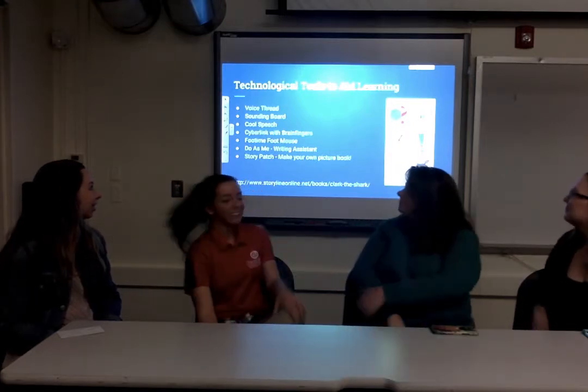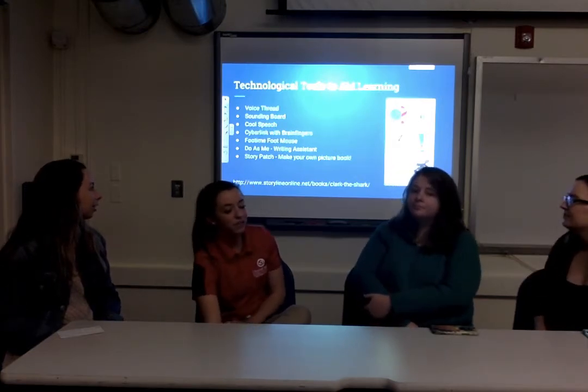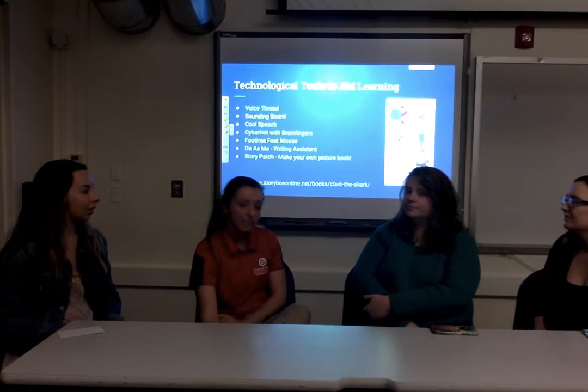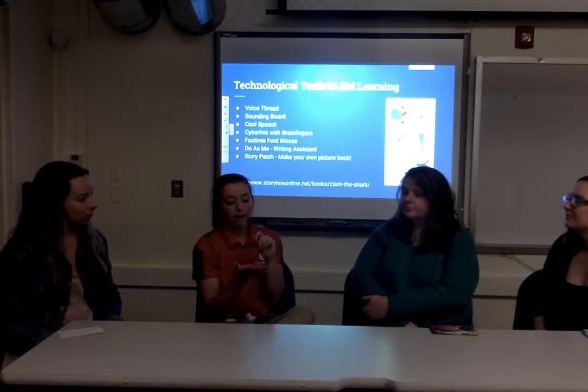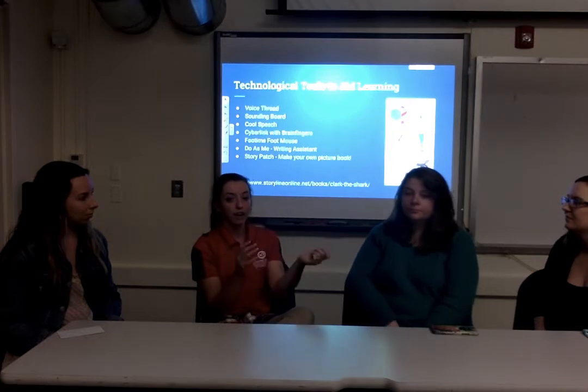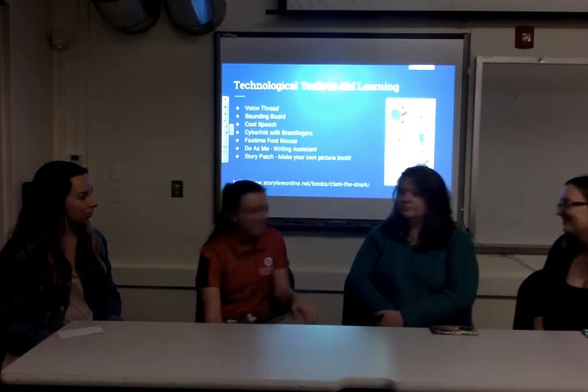Yeah, so the last two on here are called Do As Me Writing Assistant. That one is for kids with dyslexia, where their teacher and them can write at the same time. So when they're on their iPad writing, their teacher's writing on another iPad, and it's showing the student how to create the letters. So they know how to write the right way, I guess.